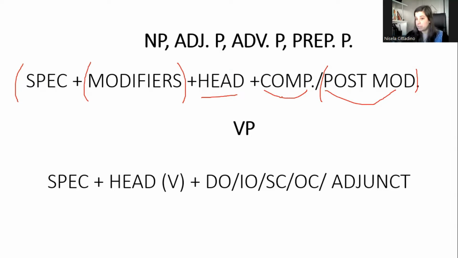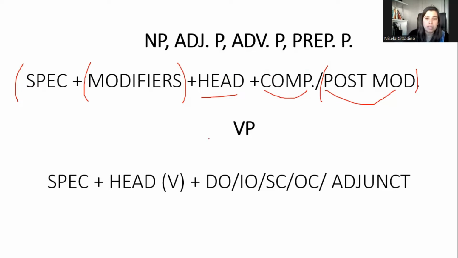Enough is a complement because it's essential to the meaning for the rest of the sentence. She is old enough to make her own decisions. She is old to make her own decisions would mean something different. So enough is a complement to the head. If it is an adjectival phrase, it will be an adjectival complement. If it is an adverbial phrase, it would be an adverbial complement. If it is a prepositional phrase, it would be a prepositional complement.